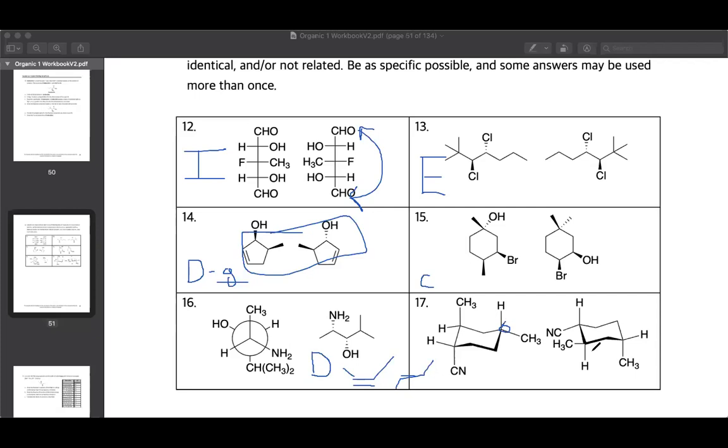So that would be down, up, down. So that would need to be a wedged methyl group right there. And then for 4 to be equatorial, cyano would have to be dash. Okay, so this is the structure we're looking at. You can see when I converted both of those to the planar depiction, they both have these mirror image structures.